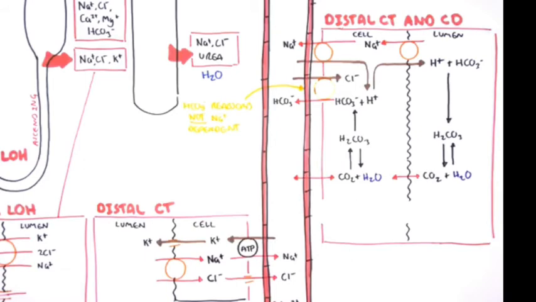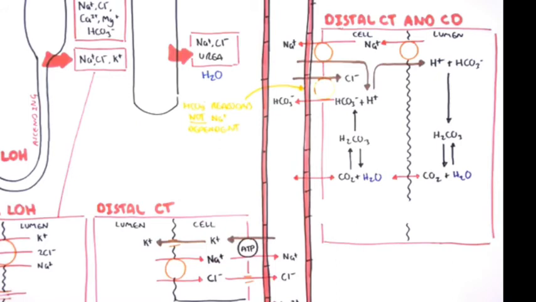At the distal convoluted tubule and collecting duct, there will be reabsorption of sodium into the vasa recta in exchange for the hydrogen ion. There'll also be secretion of the chloride ion in exchange for the bicarbonate ion.